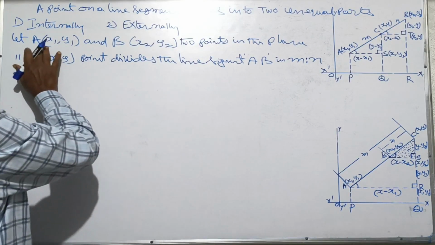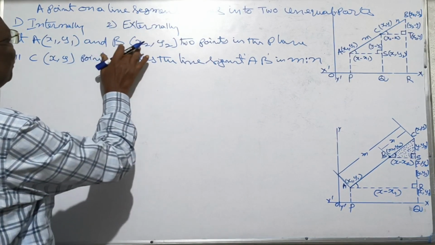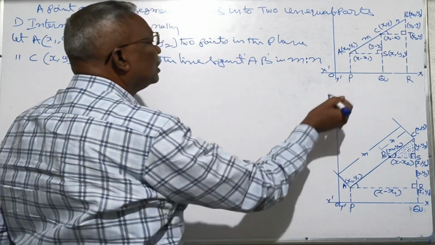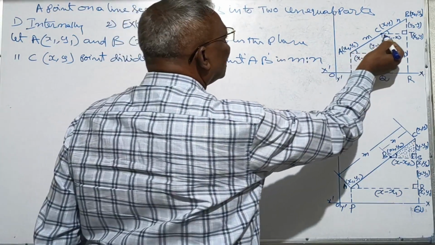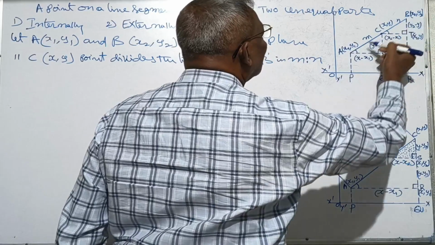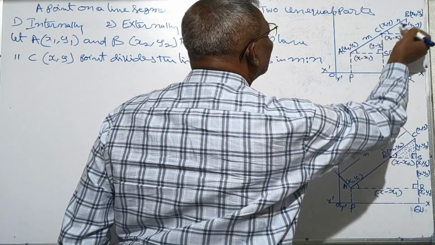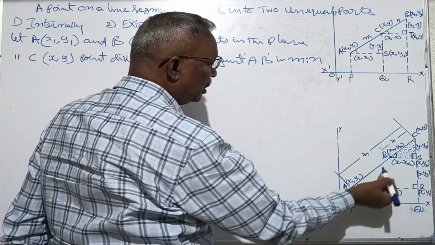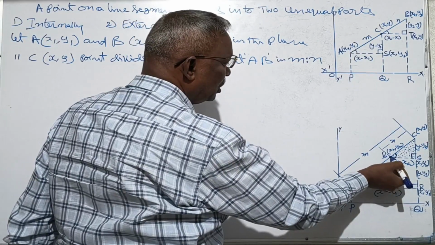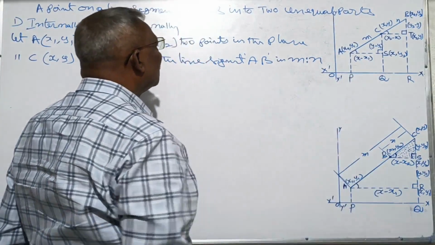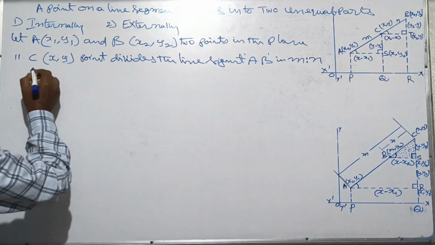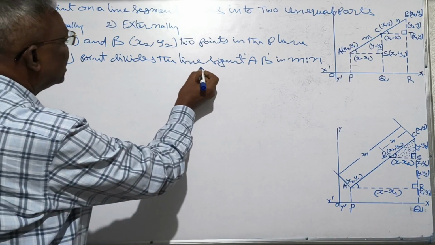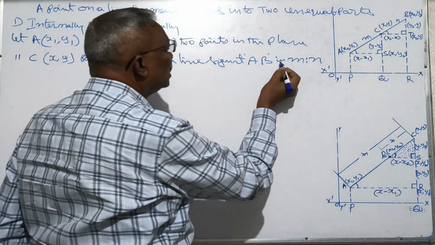Let A(x1, y1) and B(x2, y2) be two points in the plane. Next, let the point C(x, y) divide the line segment AB in the ratio m is to n.